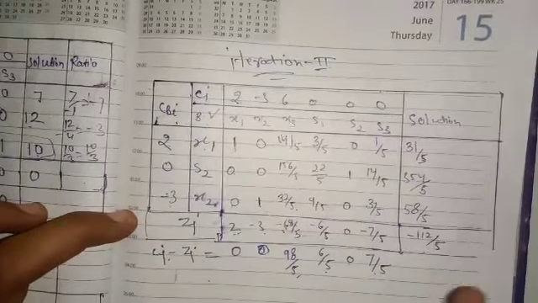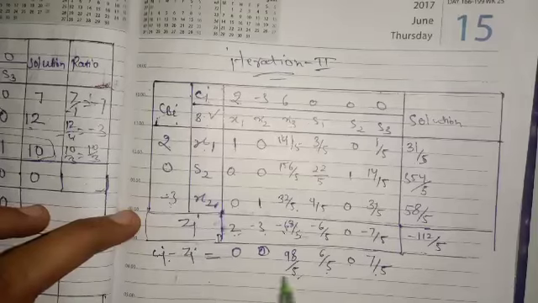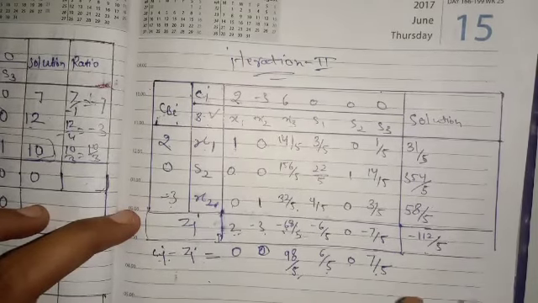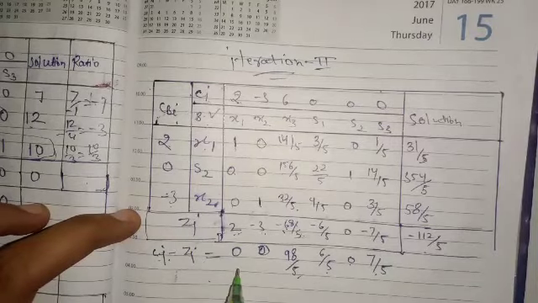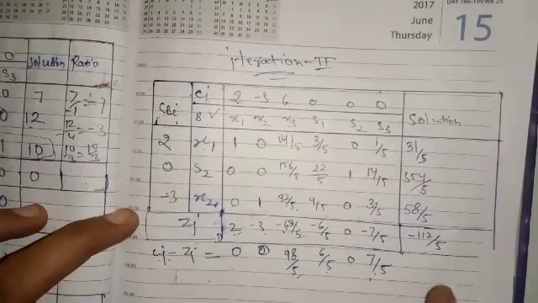So now check the condition for optimality. Our optimality condition for minimization is that all the values of cj minus zj will be 0 or positive. Here we get all positive values. The optimal condition is true.